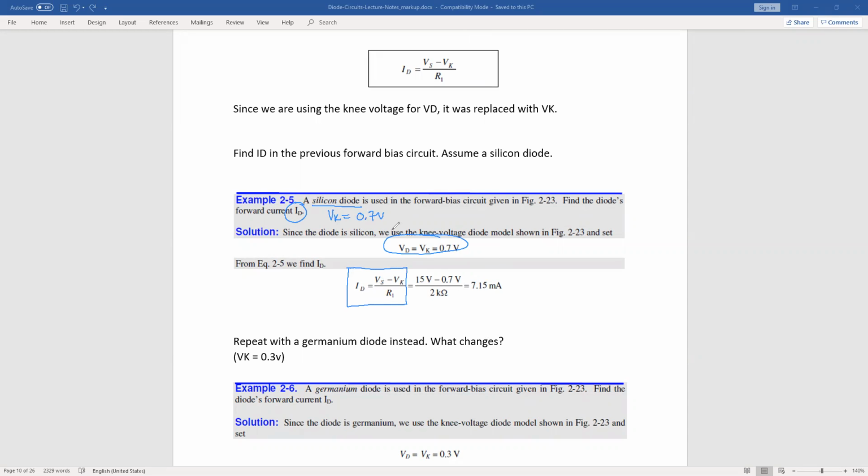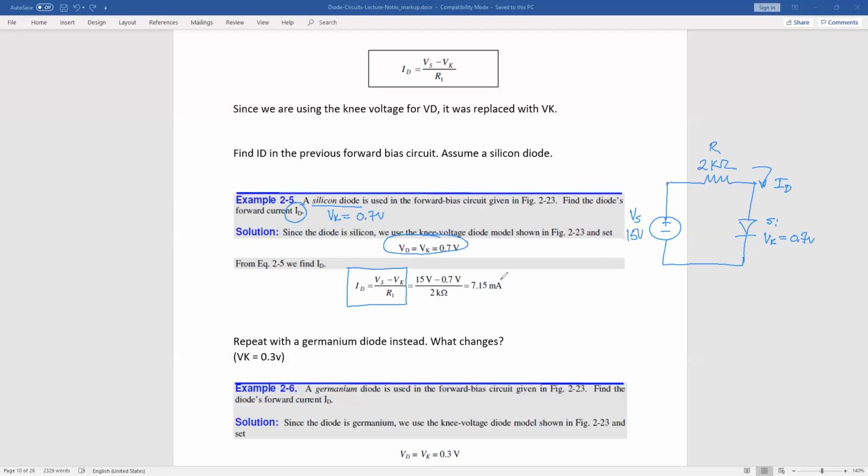We're looking at the same circuit that was shown earlier, and in that circuit we had Vs equal to 15 volts, a resistor value of 2 kiloohms, and a forward biased diode. So Vs is given, the value of the resistor is given, and that the diode is hooked up in forward bias is given. It's a silicon diode, so we know that the knee voltage is 0.7 volts.